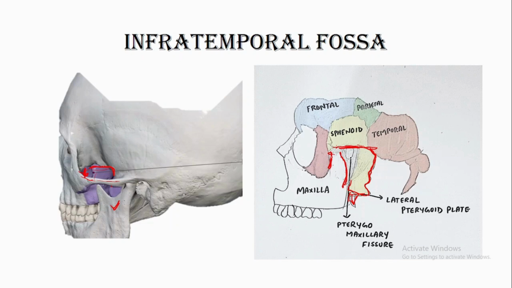These are the anterior wall and the medial wall. The medial wall is the lateral pterygoid plate. These are separated by a fissure, the pterygomaxillary fissure. This triangular shaped area which is open is the pterygomaxillary fissure.